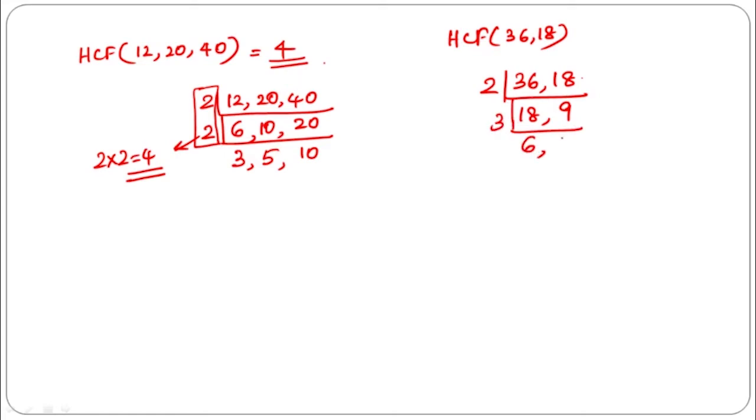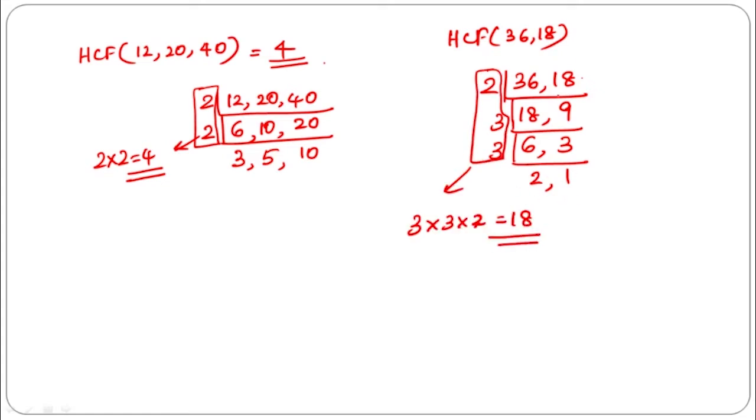Again at this point, 3 will divide these two numbers, and in the last step we will get 2, 1. At this point we stop. So, what will be your HCF? Your HCF will be the product of the divisors in each step, that is 2 multiplied by 3 multiplied by 3. So, the HCF of 36 and 18 is 18. We are getting the same answer again.